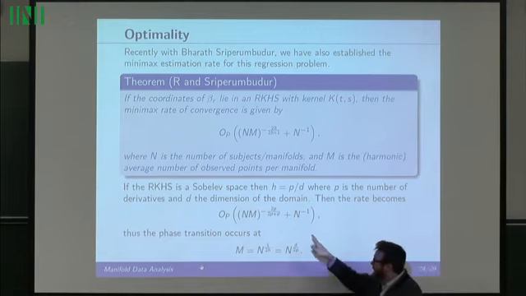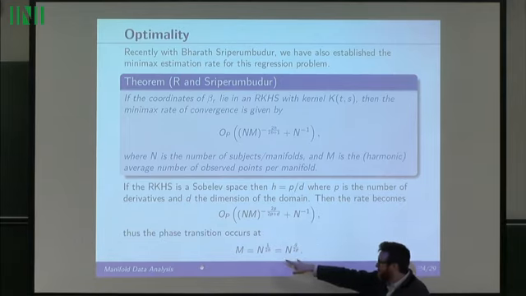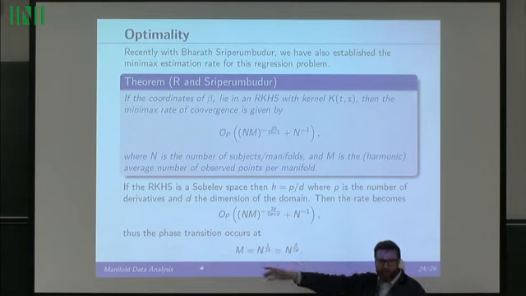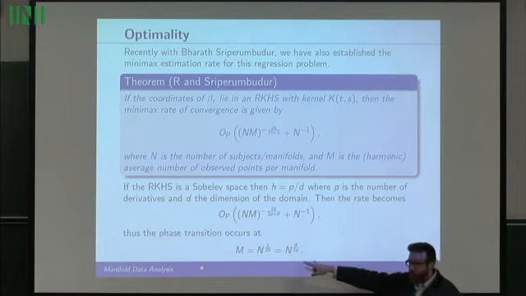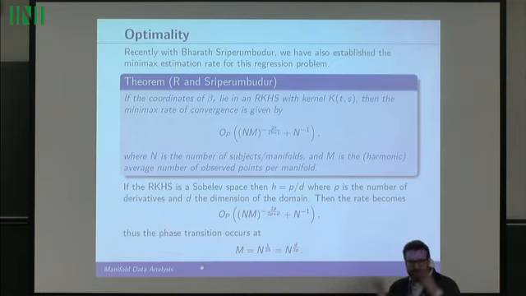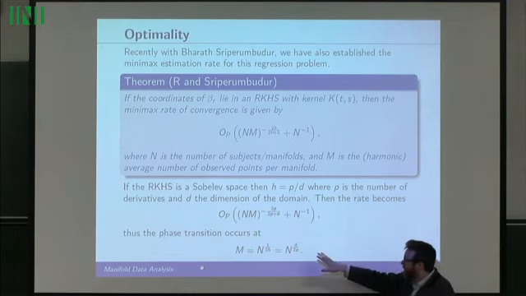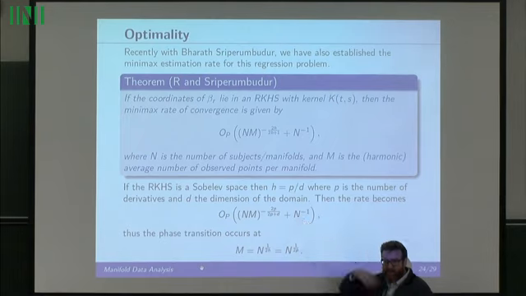If you work this out, you can figure out where the phase transition happens, that is, when you hit a parametric rate. This is important in functional data analysis because Jianling Wang has been proposing that where this phase transition occurs is the threshold for dense versus sparse functional data analysis. If you hit a parametric rate, you should think of that as dense; they should call it ultra dense, but I'll just call it dense.